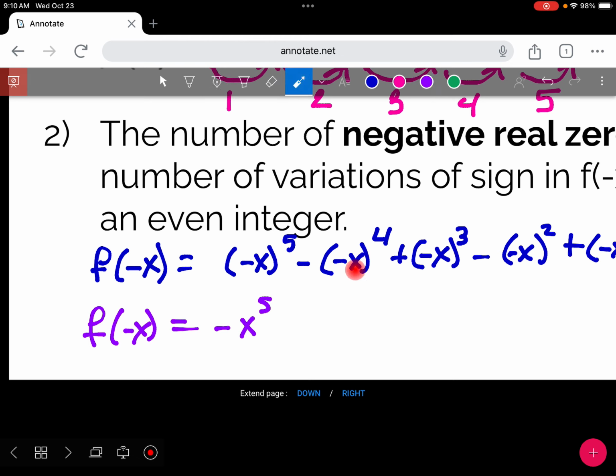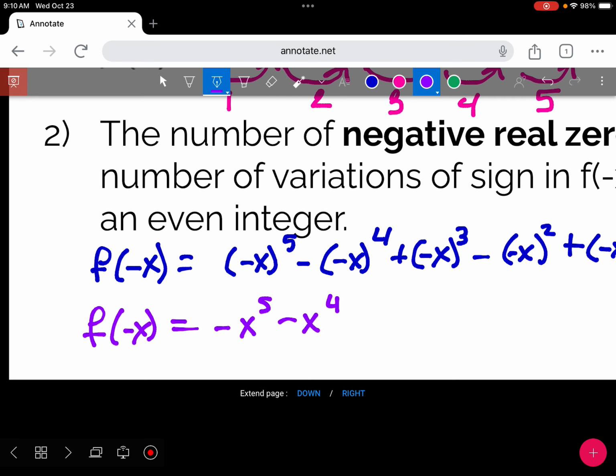How about on our x to the 4th? Is this going to hang out or disappear? It's got an even exponent, so the one that's inside disappears, because negative 2 to the 4th would still be a positive value. So it's going to be minus x to the 4th.